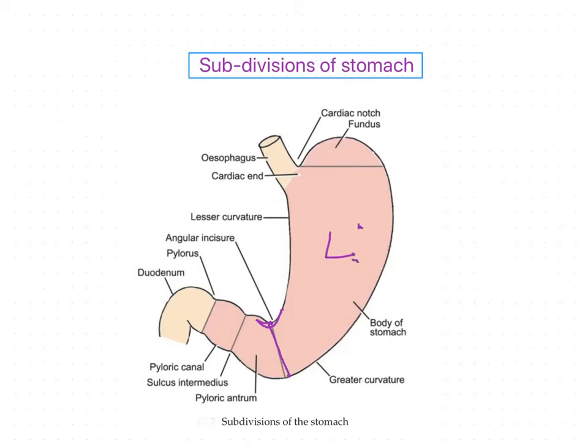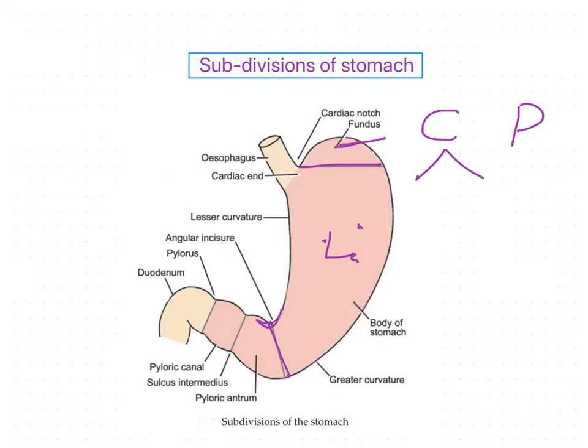Now this larger cardiac part is again subdivided into the fundus and the body of the stomach. So the stomach is mainly divided into the cardiac part and the pyloric part.